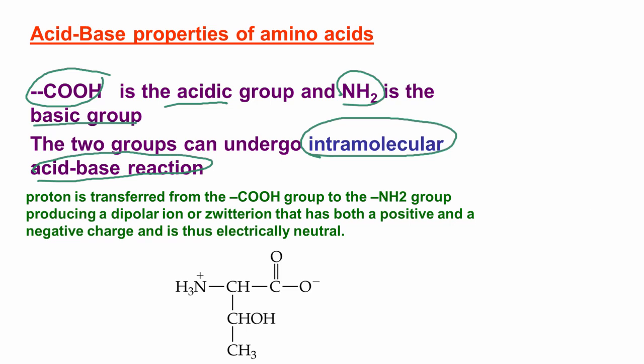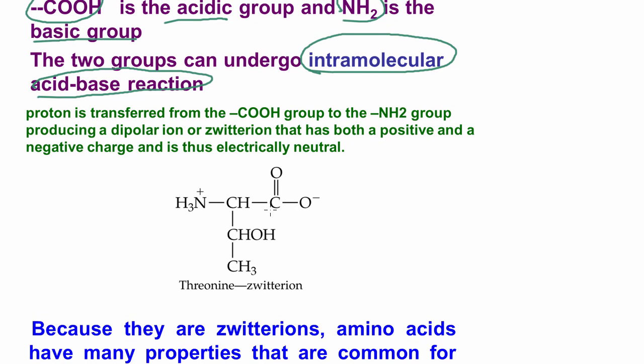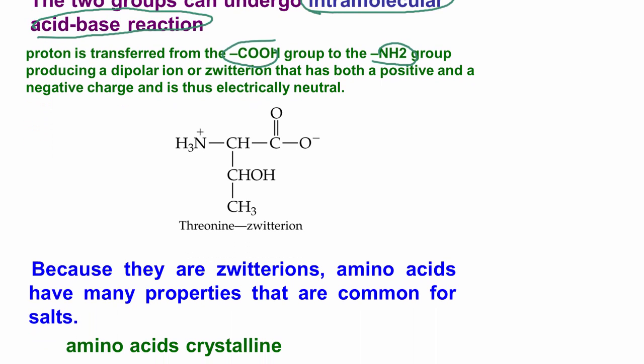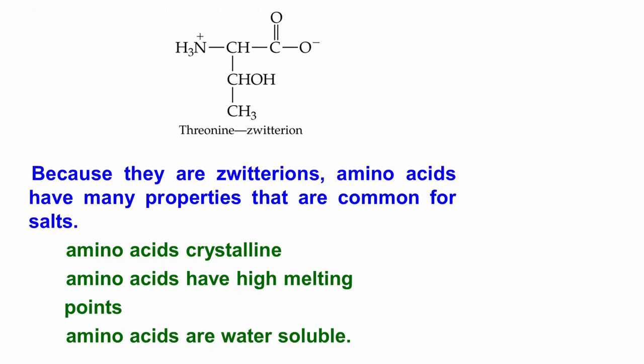So again, the proton from the carboxyl group is transferred to the amino group, which produces the zwitterion. Remember, the zwitterion has both a positive and a negative charge, and it is neutral.